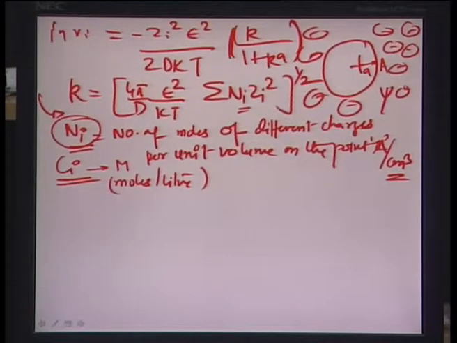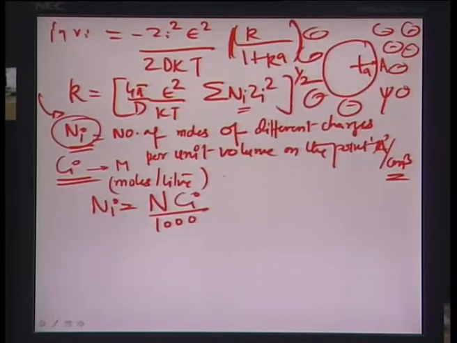So here we could consider the number of moles per unit volume Ni to be a product of the Avogadro number n, which is 6.023 into 10 to the power 23, the numbers in 1 mole, divided into the concentration Ci by 1000 cc, or 1000 centimeter cube, which makes 1 liter.